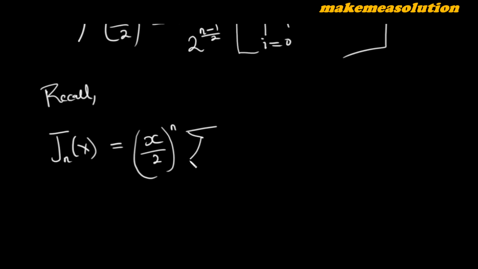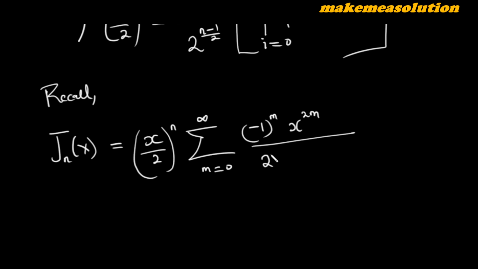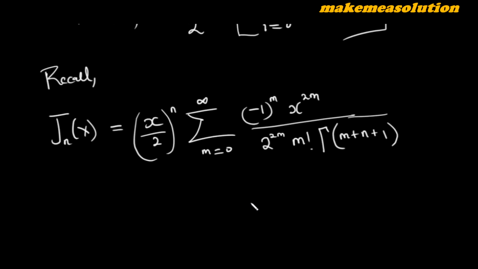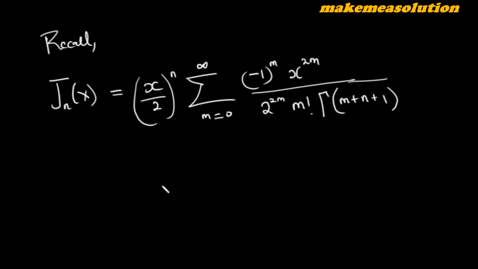Okay, and you now have summation m equal to 0 to infinity of (-1) raised to the power of m, x raised to the power of 2m, divided by 2 raised to the power of 2m, m factorial, and gamma of m plus n plus 1. Okay, so this is your Bessel's function of the first kind of order n.